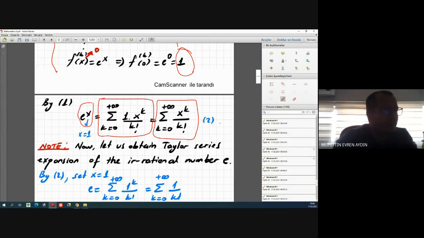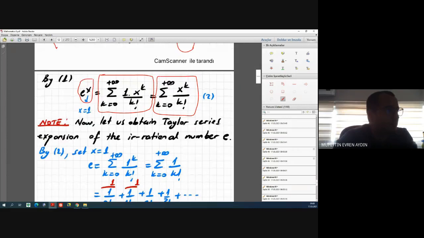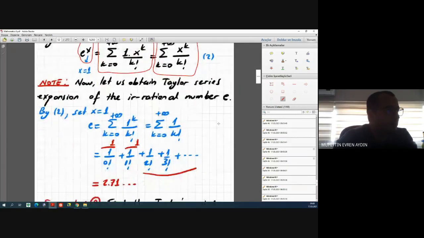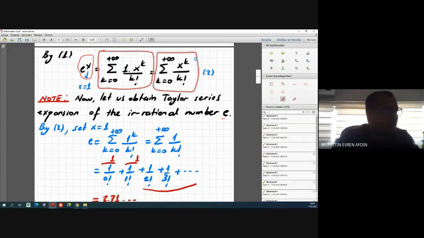This is the point. Okay, and this note is important. Let's obtain the Taylor series expansion of the irrational number e, and we have this equality already. We found it.